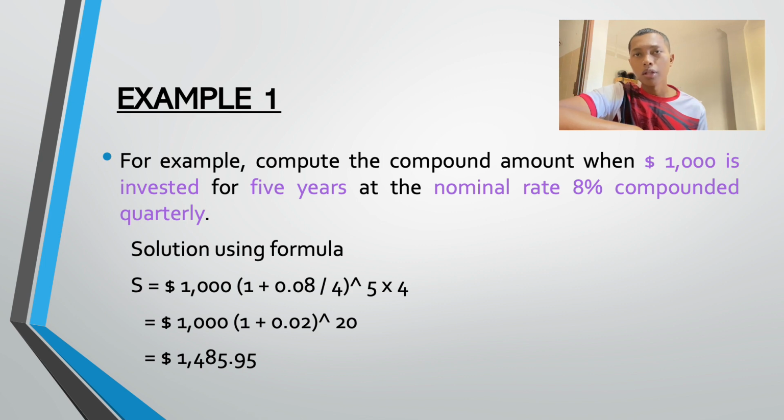S equals 1000 times the bracket of 1 plus 0.08, which is the rate, divided by 4, to the power of 5 times 4, and then we solve and we will get 1485.95. This is the total amount of interest plus the principal.